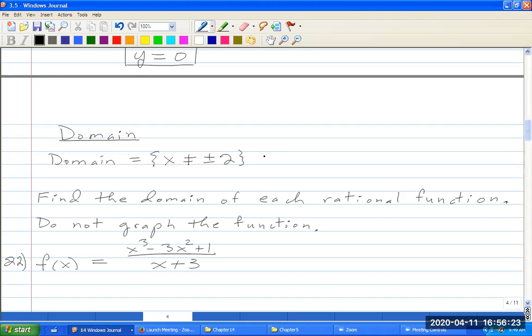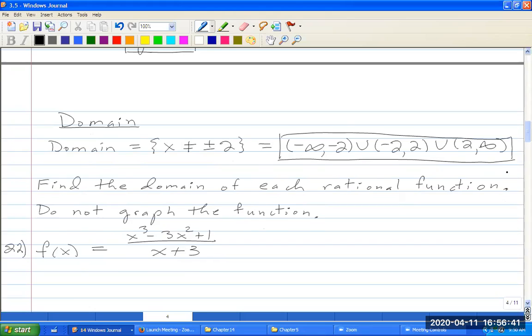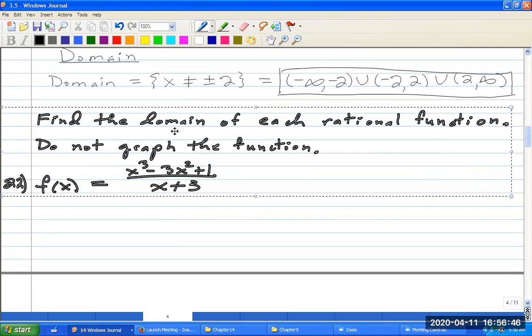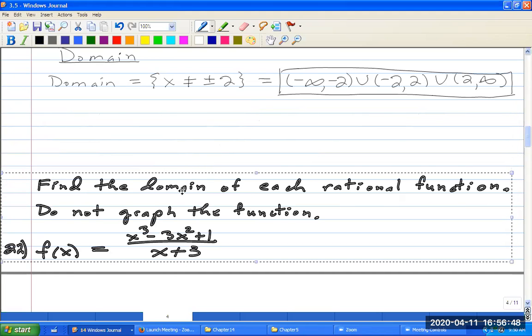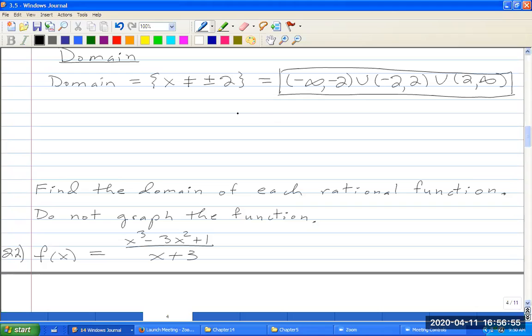It is the union of -infinity to -2, union -2 to 2, union 2 to infinity. And that is the domain of my function. Let's determine the range of my function.